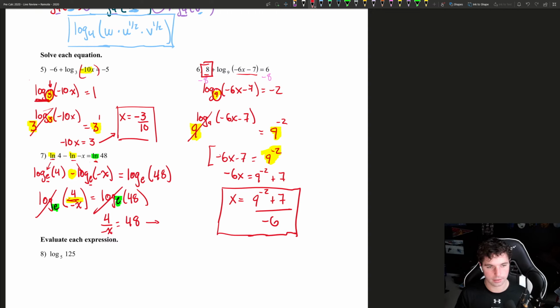So then x, well, I'll do this step by step. Actually, you could just flip everything upside down. So negative x over 4 is equal to 1 over 48. So x is then equal to negative 4 over 48.